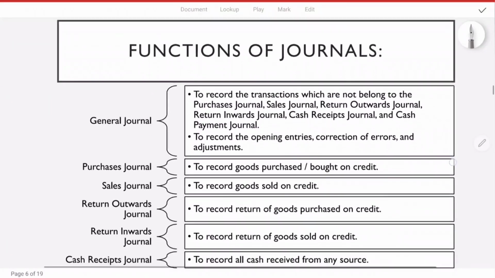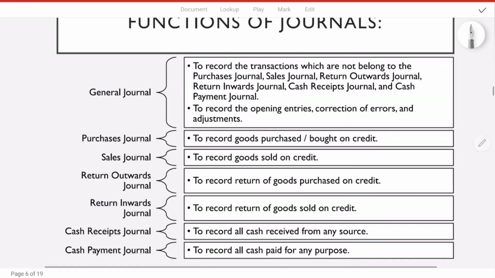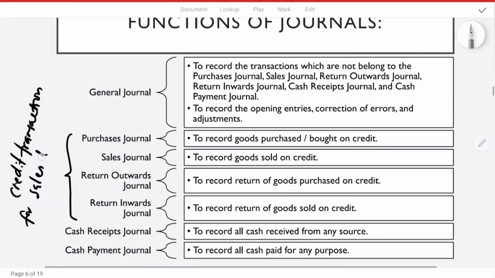Next, what are the purpose or the function of these journals? Before we look at the general journal, let's look at the special journals: purchase journal, sales journal, return outwards, and return inwards. These journals are used to record credit transactions for sales and purchases of goods for resale, untuk dijual balik.